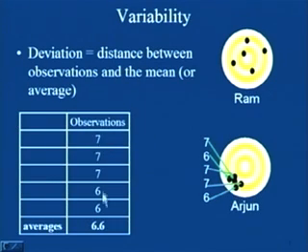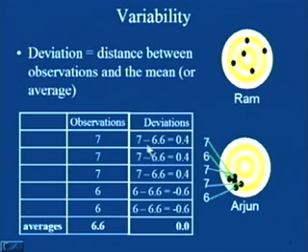So, these are the 5 observations, this gives the average value, that is 6.6, and the next column shows the observation minus the mean value. So, for all these 5 observations we have calculated the deviation, that is observation minus the mean value, and the last 2 observations are less than the average value, and that is why the negative sign is here.